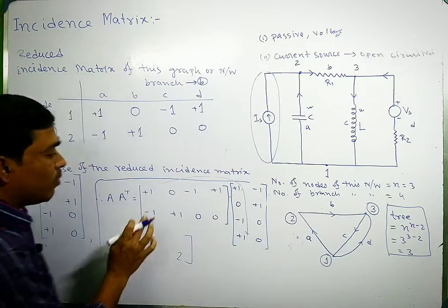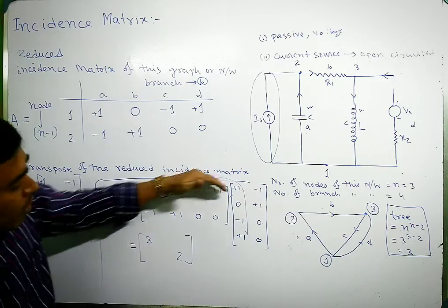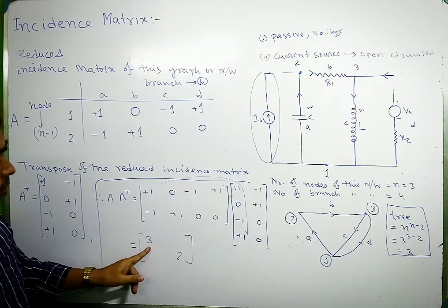First of all you have to complete this multiplication. From this multiplication you can get 3.